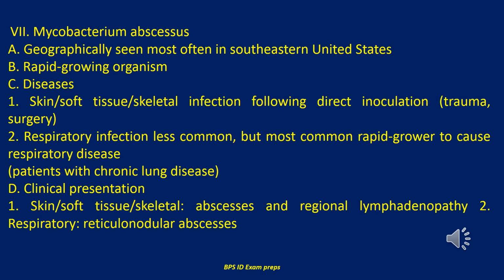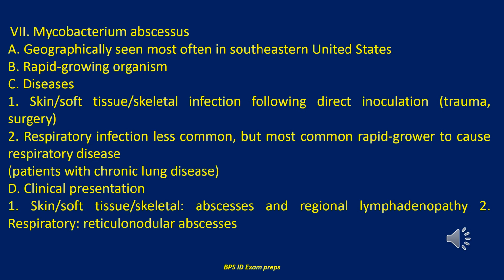Let's now discuss Mycobacterium abscessus. A. It is geographically seen most often in the southeastern United States. B. It is a rapid-growing organism. C. Diseases: 1. It causes skin, soft tissue, and skeletal infection following direct inoculation, during trauma or surgery. 2.